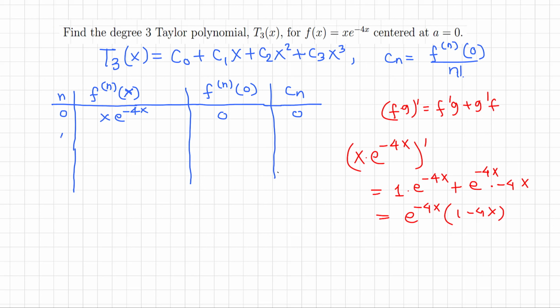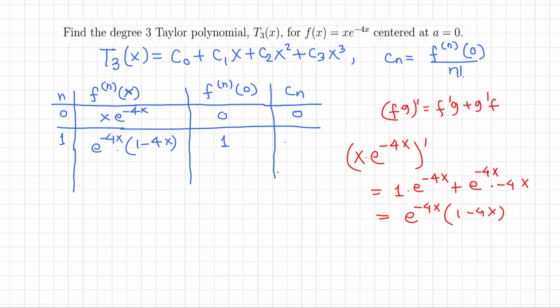So when n equals 1, meaning the first derivative, let me write this down. The first derivative of this one we found is e to the negative 4x times (1 minus 4x). Now evaluate this derivative at 0. So replace x by 0: e to the 0 is 1, times 1 minus 0, is 1. So this will be 1.